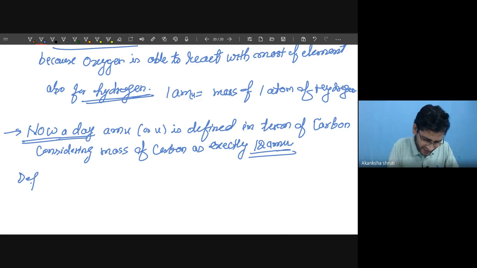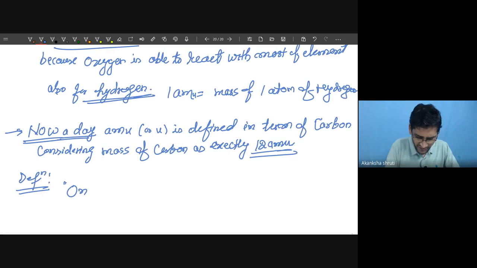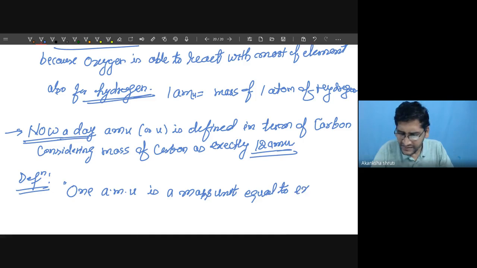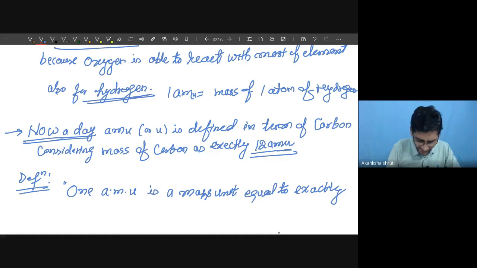So nowadays this AMU is defined like this. What is the definition? 1 AMU, full form atomic mass unit, is a mass unit exactly equal to exactly 1/12.